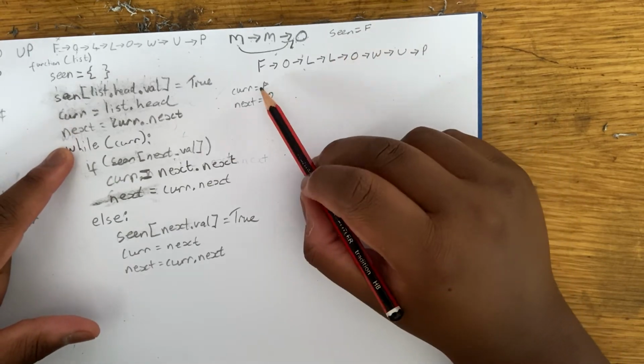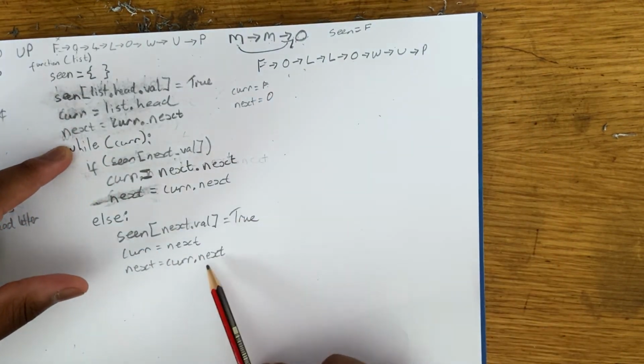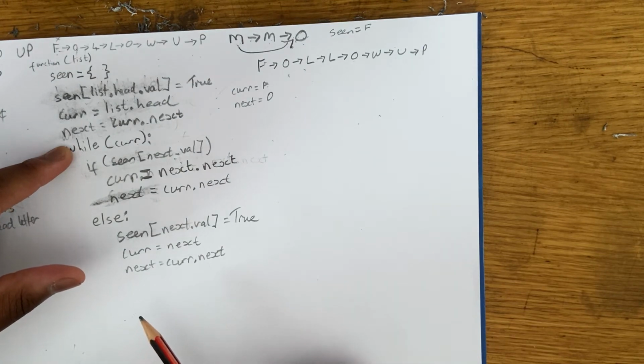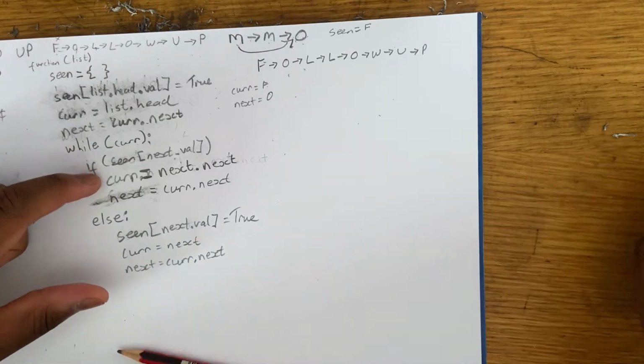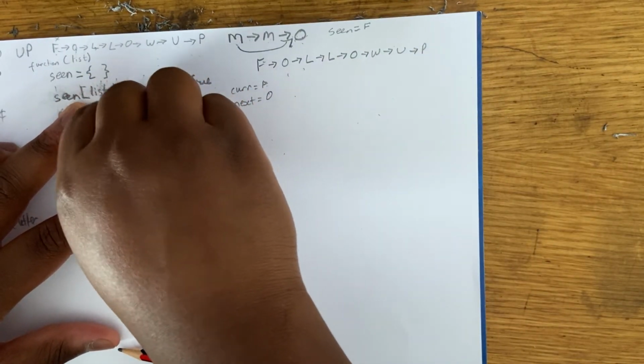Then while there's a current, but you can't have next of none. So should it really be next? Yeah, I think it should be next up here. Let's change this to next and see what happens.